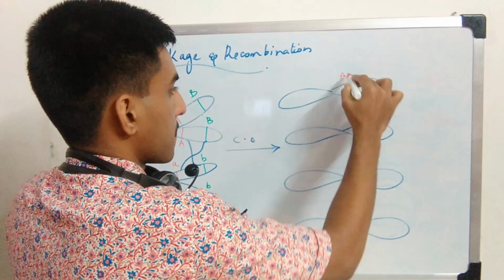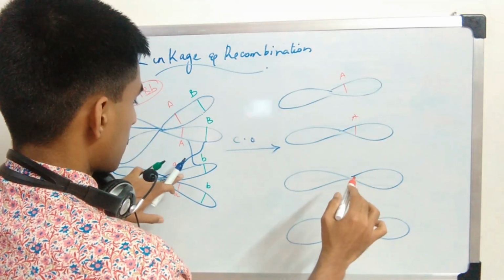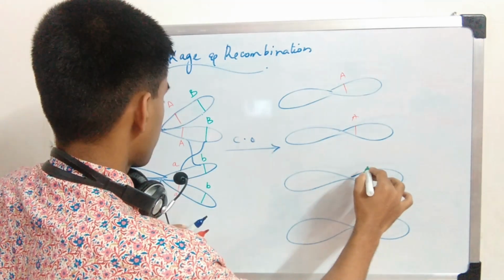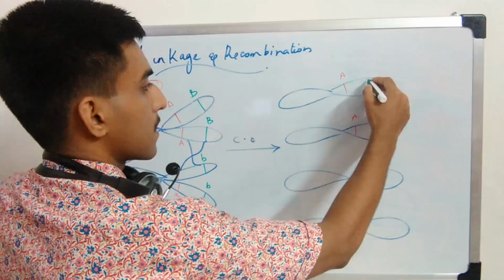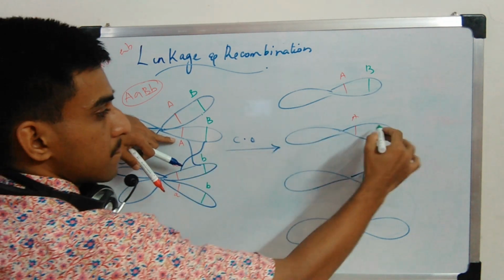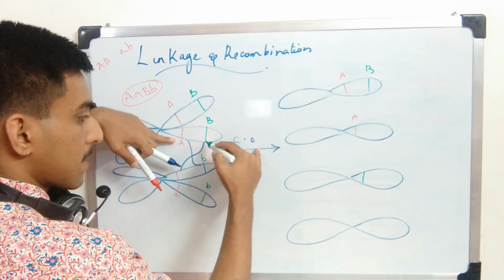Here A, here A, here B. First I will write this, it will be better. A, B here, and now this A will be formed. After crossing over, this genotype will be coming here.